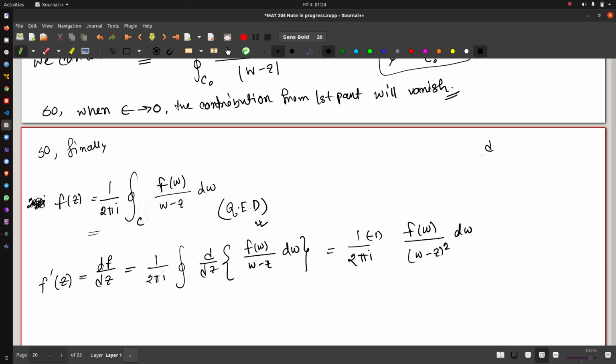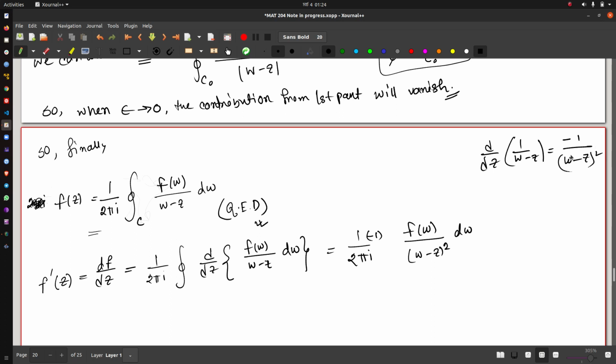Why? Because if you take this d/dz of 1 over w minus z, it becomes minus 1 over w minus z whole squared, right? So that's one of the reasons why this should be the case.